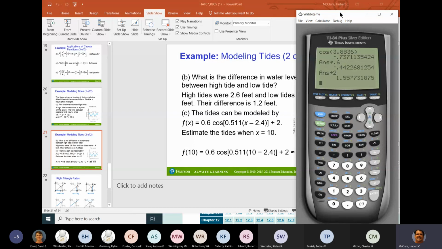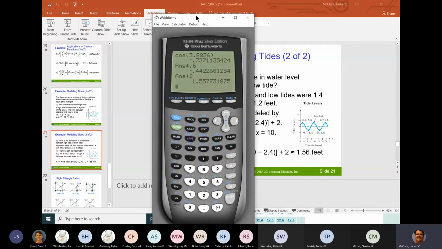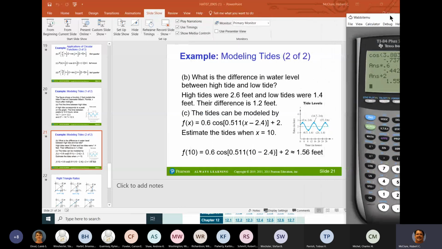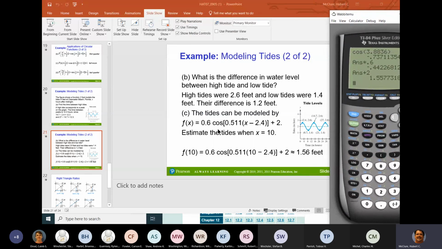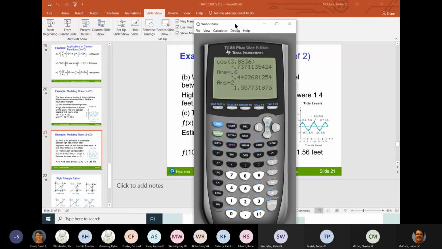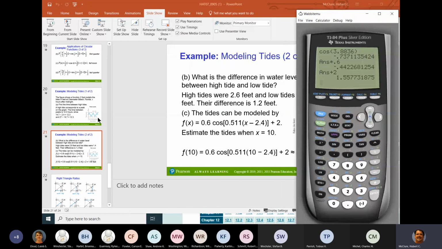You got to watch it. There it is, 1.56. Okay, I doubt very seriously that you're going to see this on a test because it's a calculator drill, and most of you will be able to do that. But you got to remember, it's got to be in radians. It's got to be in radians.